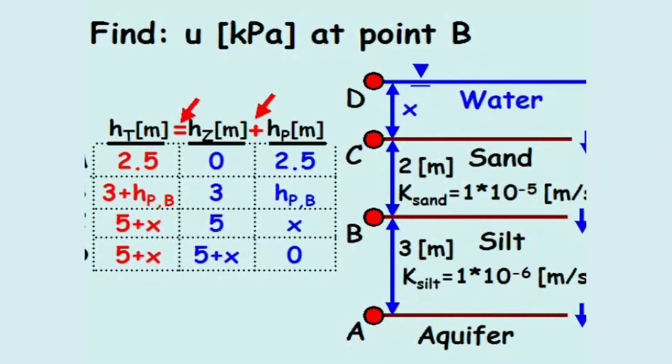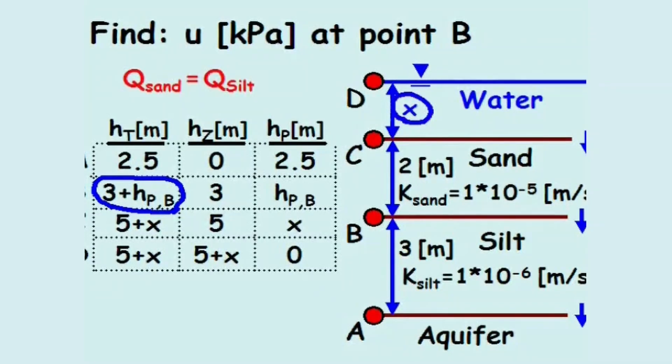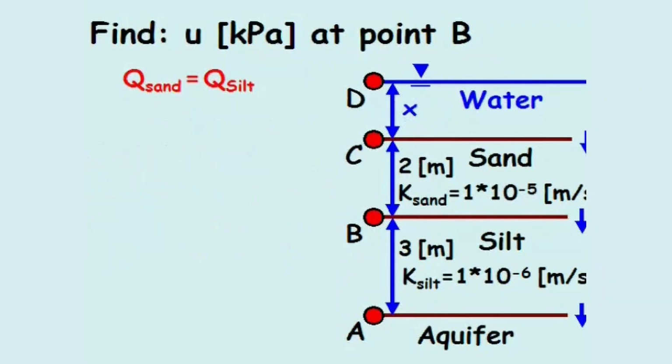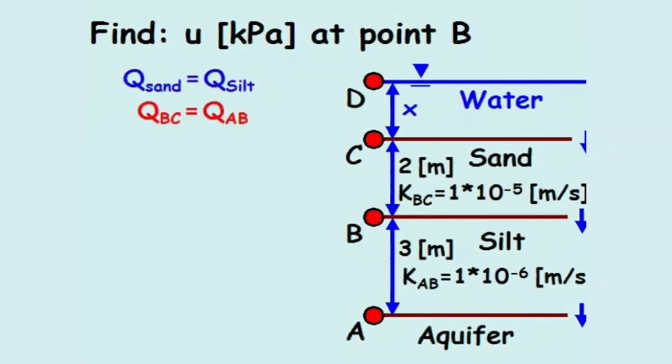Next, we'll find the relationship between the total head at point B and the depth of water, x, based on the principle that the flow rate through the sand layer is equivalent to the flow rate through the silt layer. Let's refer to the sand properties as CB, meaning between points C and B, and the silt properties will be BA.